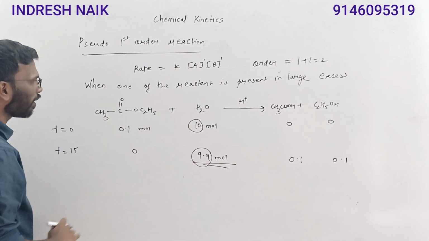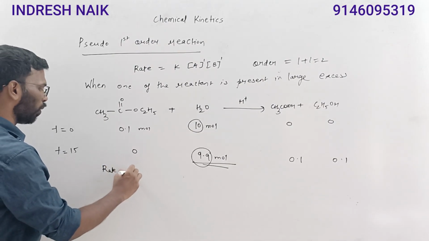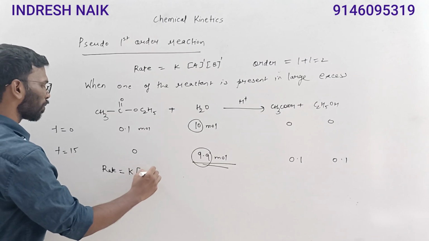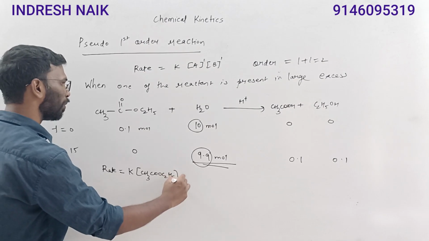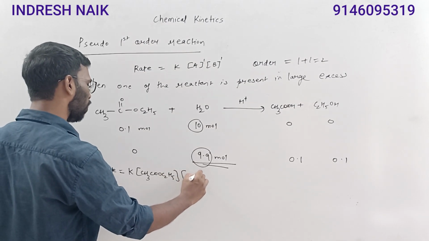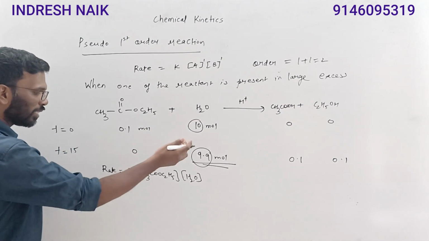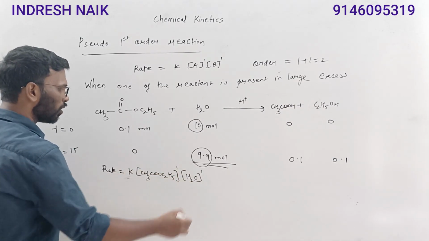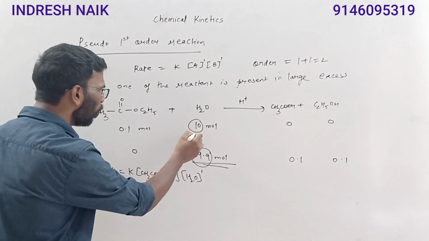While writing the rate law expression for this, rate is equal to k [CH3COOC2H5], that is ethyl acetate, and the concentration of the water. So this is constant. In this reaction, this is first order and this is also first order, but the concentration of the water is almost constant.